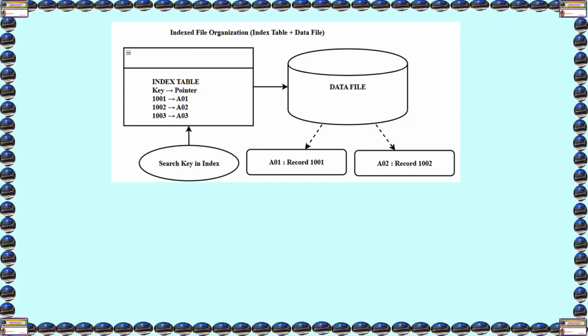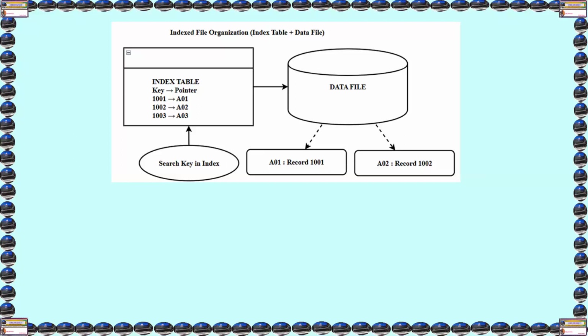So the search key in the index is 1001. When that is done, the location of that record is accessed directly from the data file.